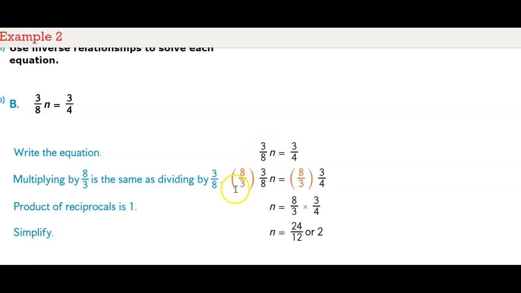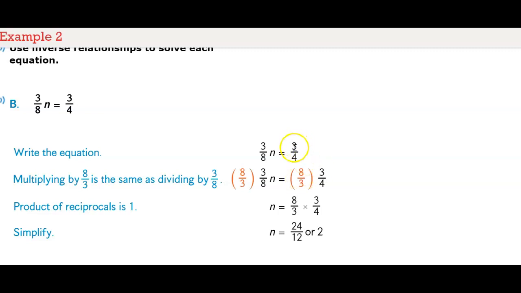So you divide the 3/8 on both sides of the equation. And so by finding the reciprocal of the 3/8, 8/3, you are dividing by that number, because remember, with dividing fractions is keep, change, reciprocal.